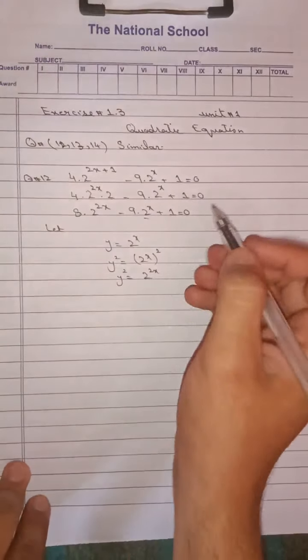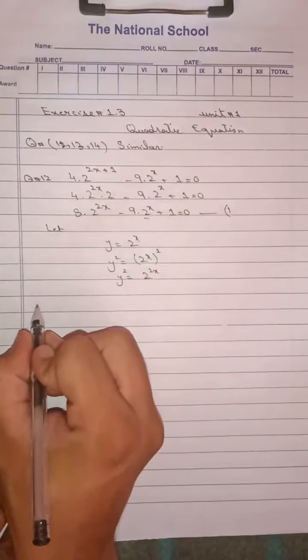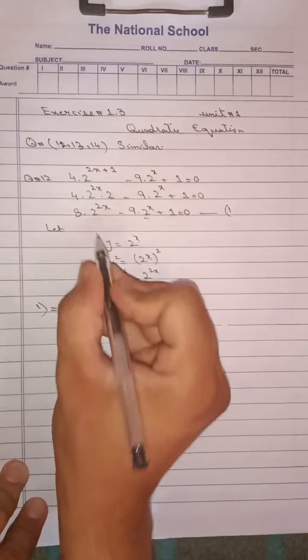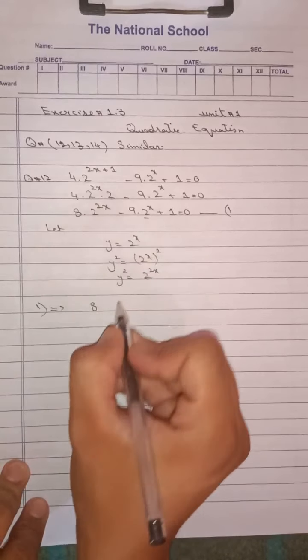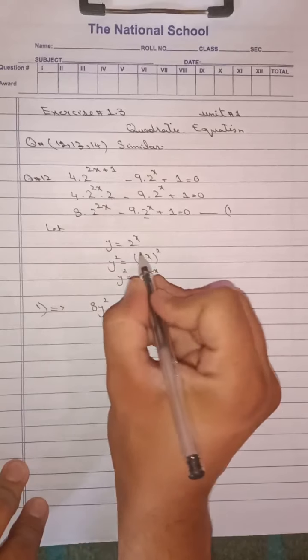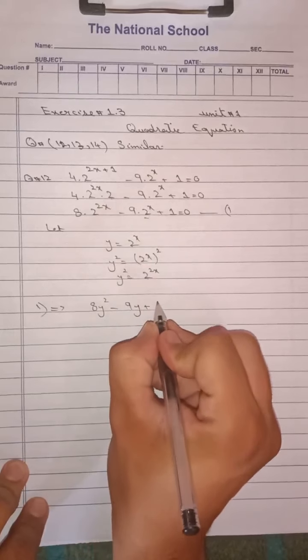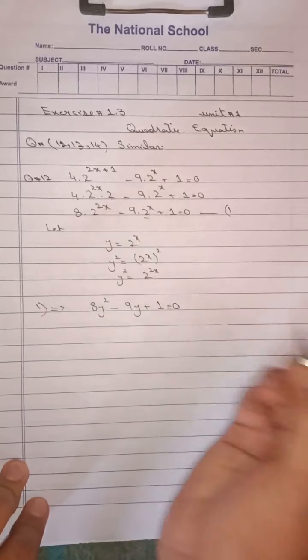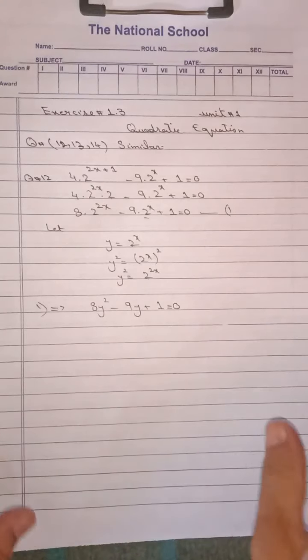So making this substitution in this equation, say it as equation 1, it becomes 8y square, in place of 2 power 2x we have y square, minus 9y, in place of 2 power x we have y, plus 1 equal to 0. Now it has become our quadratic equation in variable y.